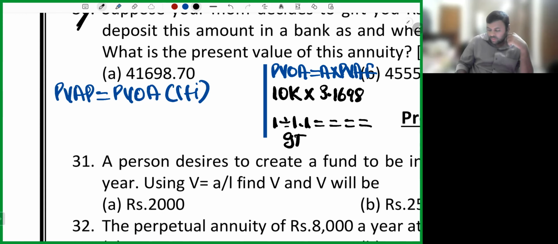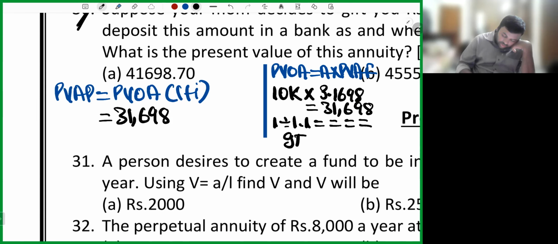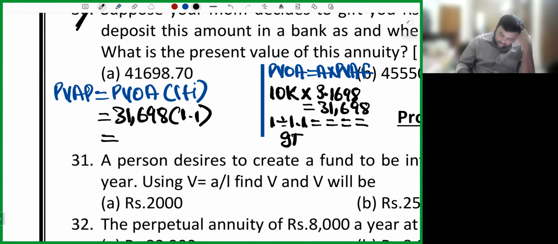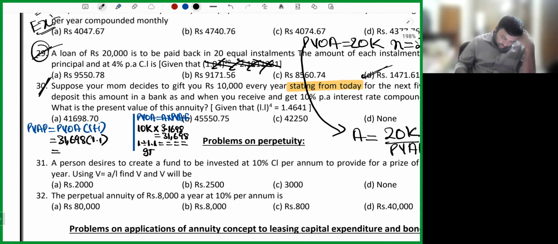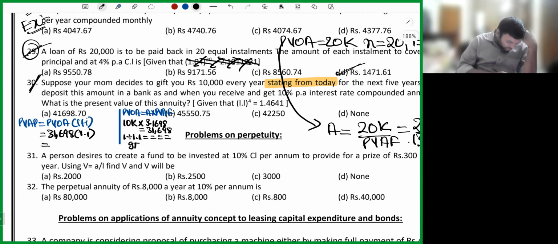You have 31,698. So 31,698 into 1 plus I, into 1.1. We'll get 34,868. No, sir, there is no 34,868.